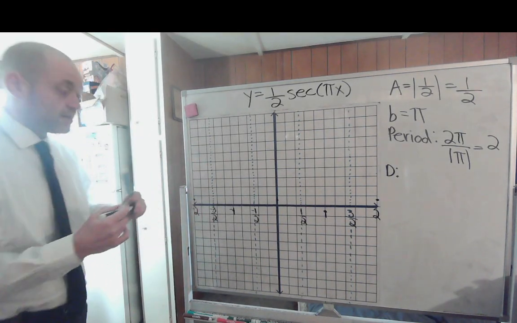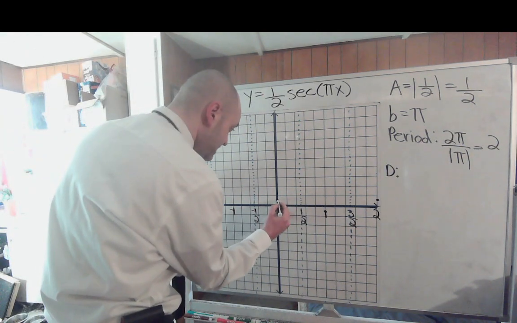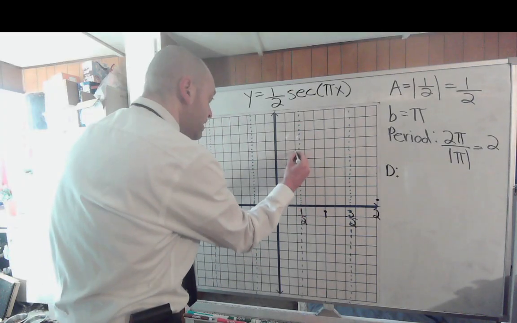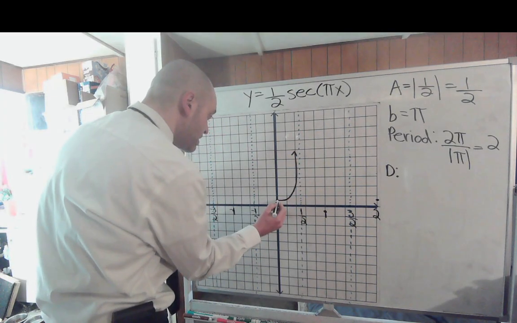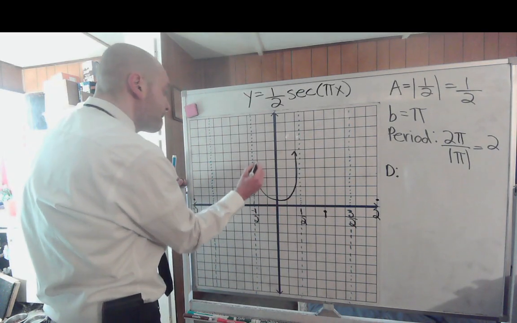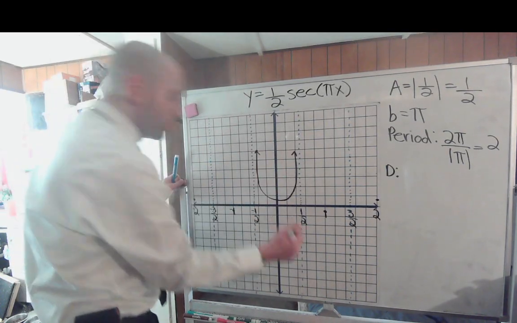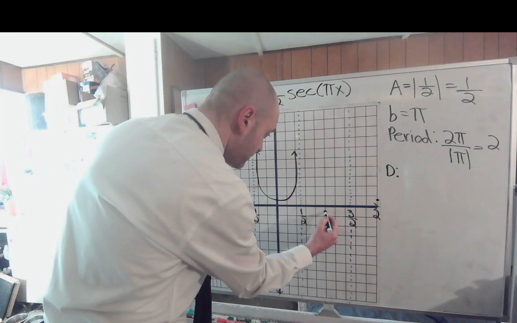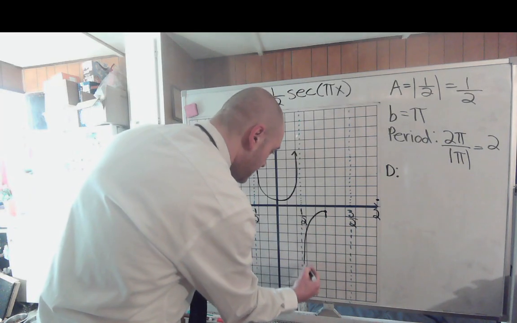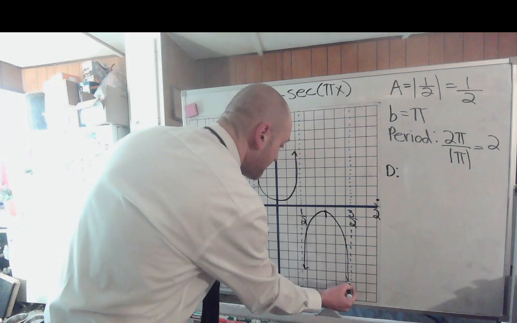So now we plotted our asymptotes, we plotted our points. Let's go ahead and produce the graph of that secant function. So from 1/2 on up, it's going to be going upward. I'm at negative 1/2 at 1, so it's actually going to go downward. So notice it alternates up and down, up and down.